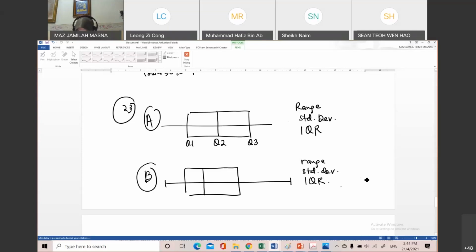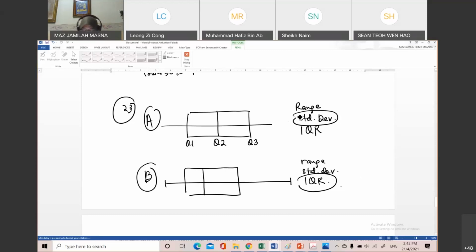For B is interquartile range because it can tell whether it is out of order or what. For A, not sure. Anyone else? Let's guess first, and we'll do the analysis one by one. Standard deviation. Okay, let's see.